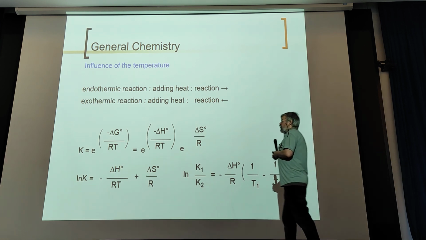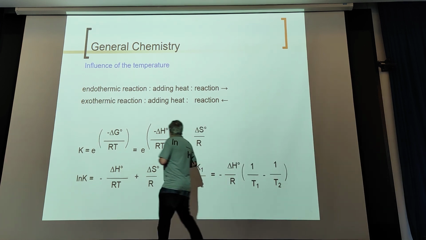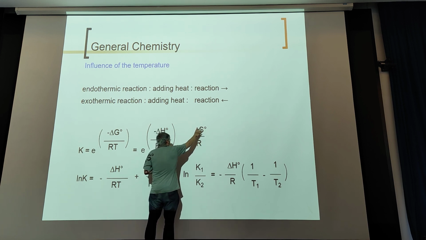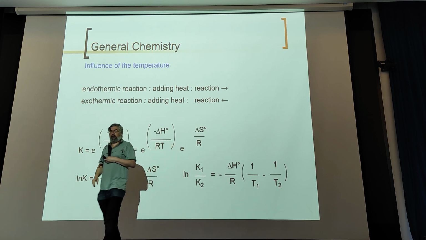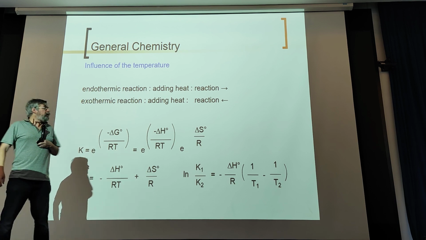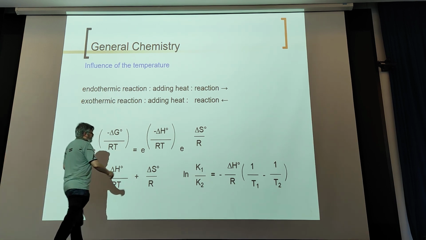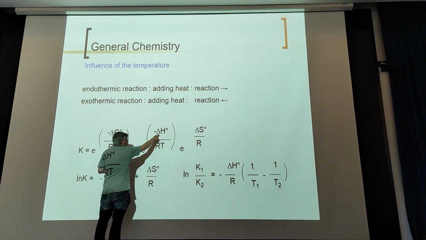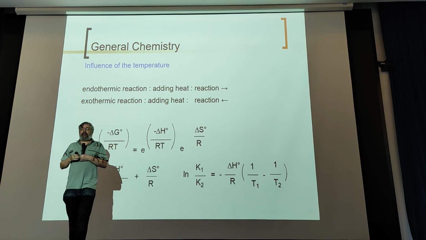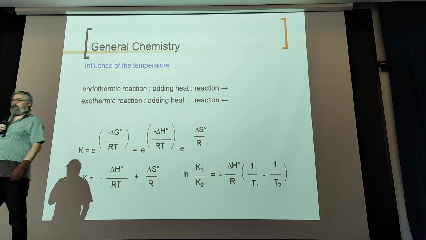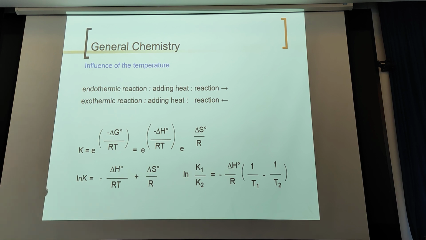So, what we see here is that this term is independent of temperature, whereas this term has a temperature dependent term, and it's also the one that has the enthalpy. So this actually explains now this principle of Le Chatelier, why for an exothermic reaction, if you heat, you go to the starting materials, and for an endothermic, you go to the products.